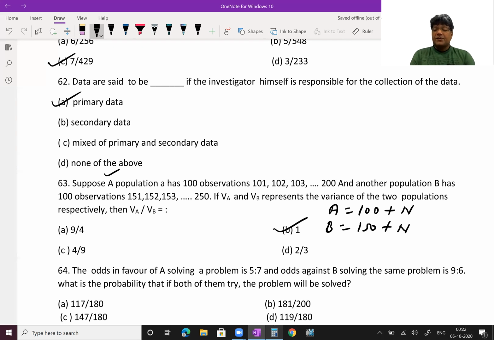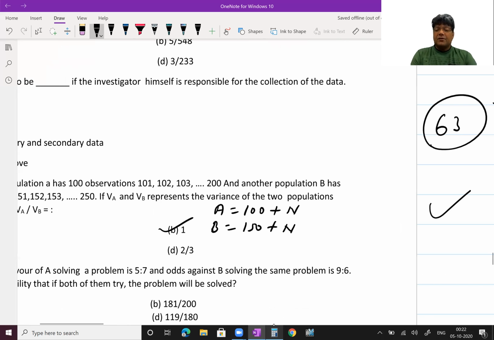That means, and we know that range, QD, MD, SD, variance, all these are independent of change of origin. Independent of change of origin means this will not be impacted. That means if this be the relation, directly we can write variance of A is equal to the variance of the first 100 natural numbers.